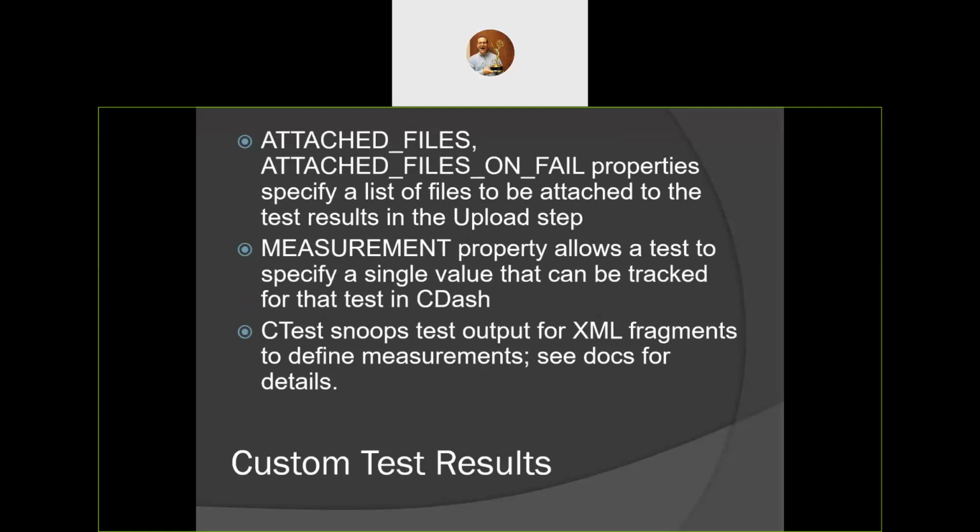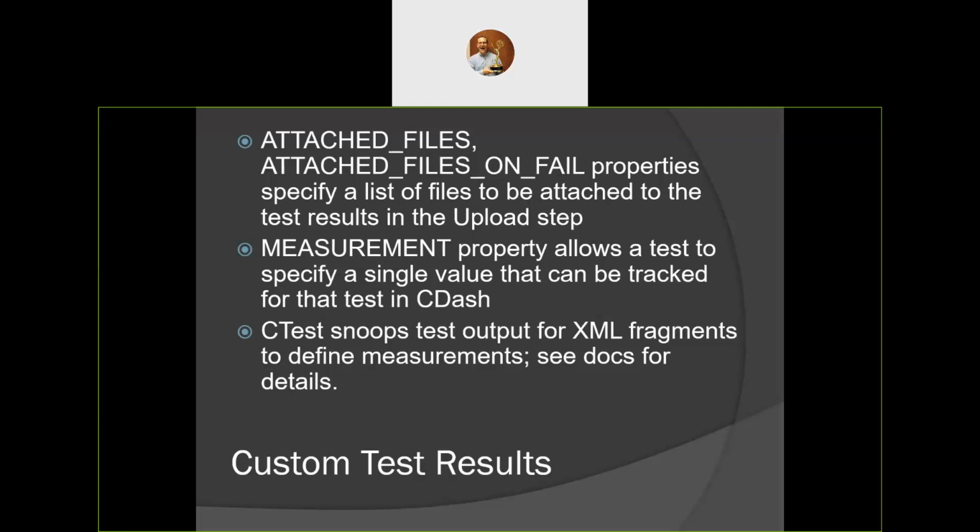There's also a measurement property that allows you to specify a single value that can be tracked for that test in CDash. It's a little weird, the measurement property, because if you think about it, you specify properties on a test at CMake configure time. So the test hasn't run yet. In fact, the test probably hasn't even been built yet if it's running a test executable that you've written in C++.